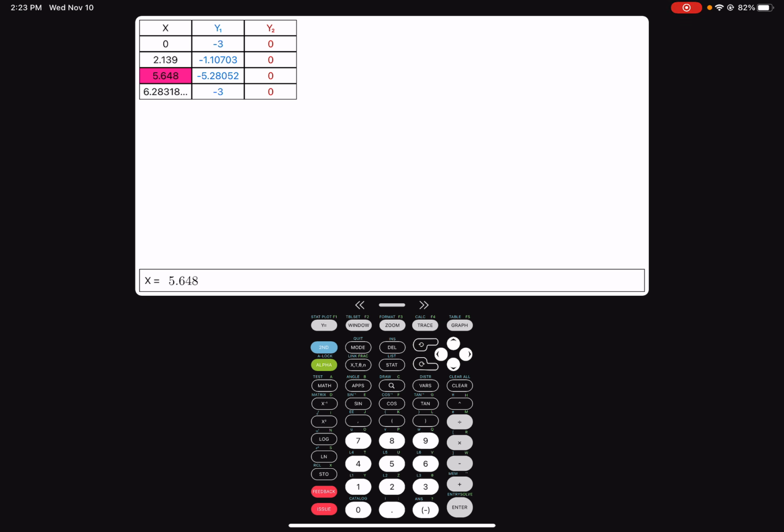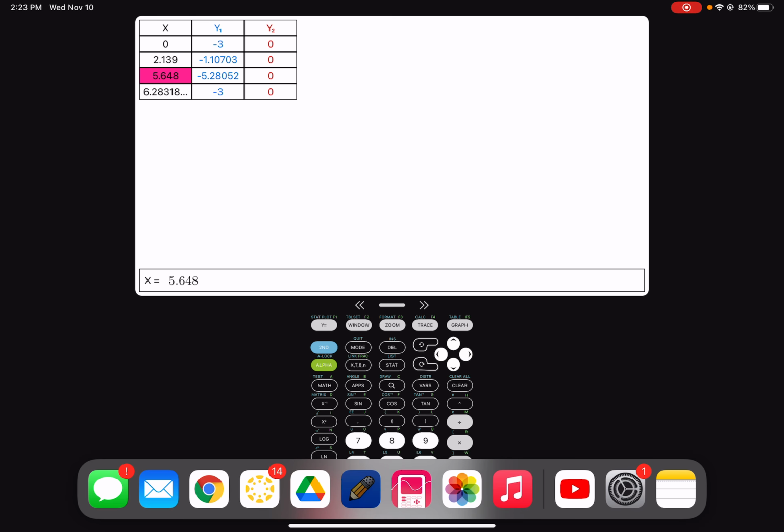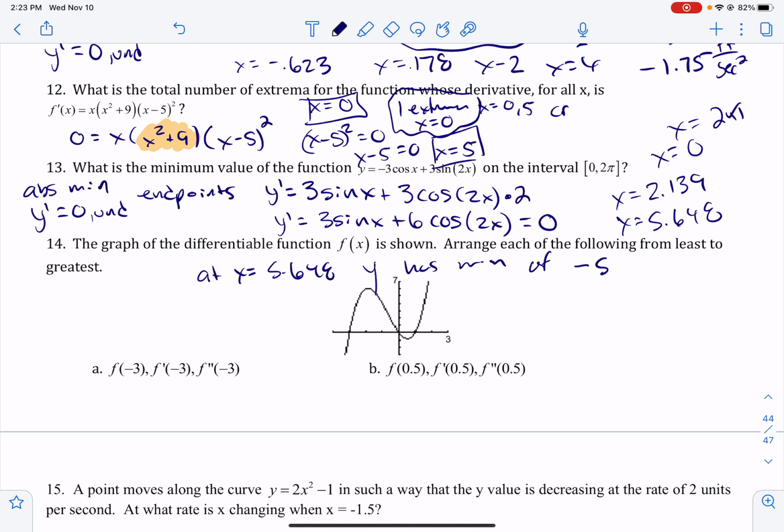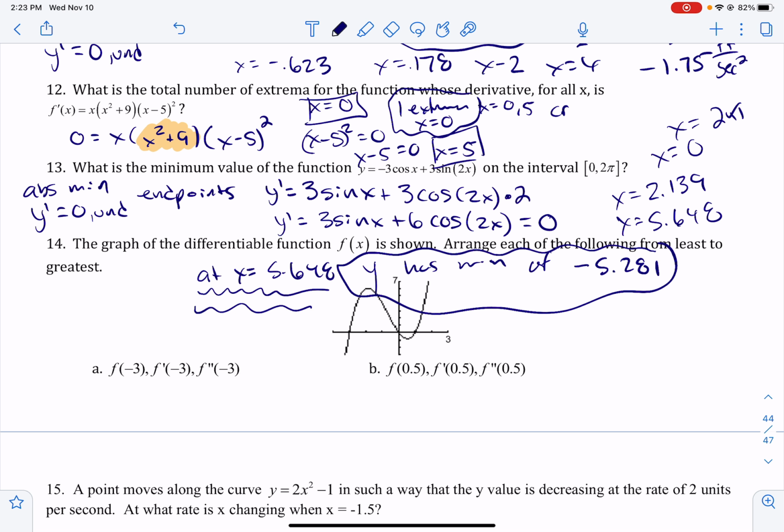Negative 5.28. Probably 5.281. So y has a minimum of negative 5.281. That's all the question's asking. Sometimes this part doesn't hurt to have written in there, just to kind of solidify the right answer.